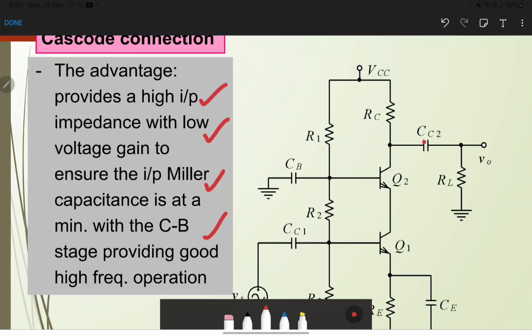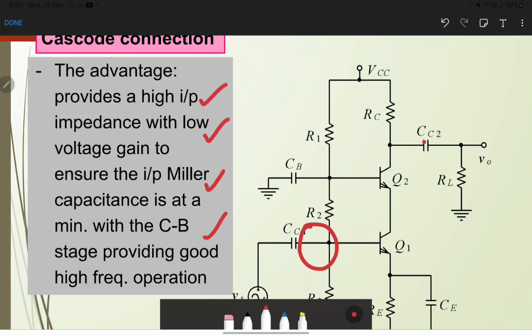The advantage of this configuration is that we produce very high input impedance, which means this configuration can catch very low signal input from outside, and it will amplify the input signal to become the output signal.